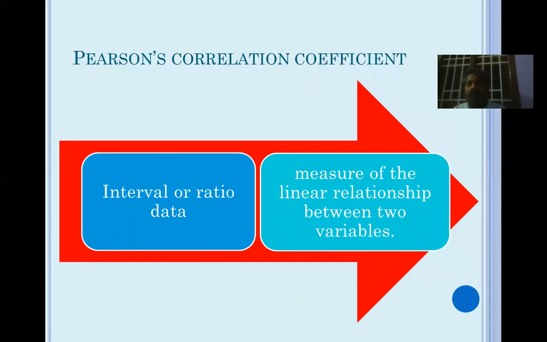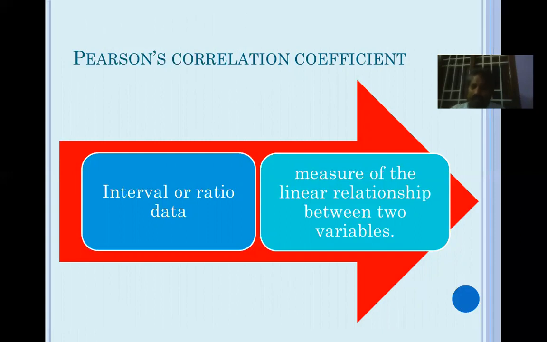Then comes Pearson correlation. When you have two sets of data and both are numbers, and you want to find out the linear relation that exists between these two variables, you can go for Pearson's correlation coefficient. This will help you find the existence of a linear relationship. What is that?